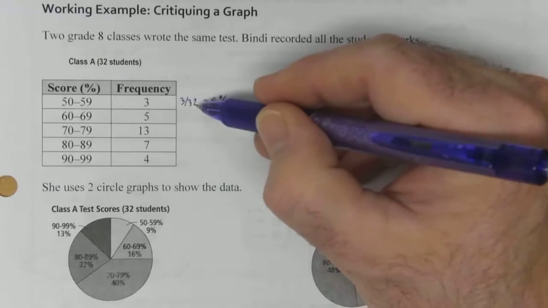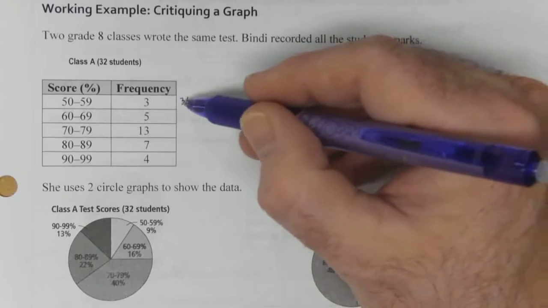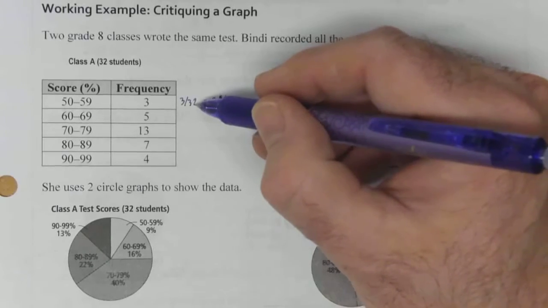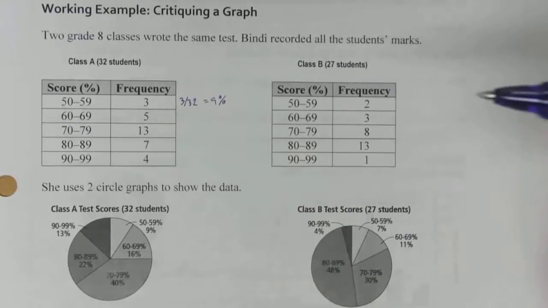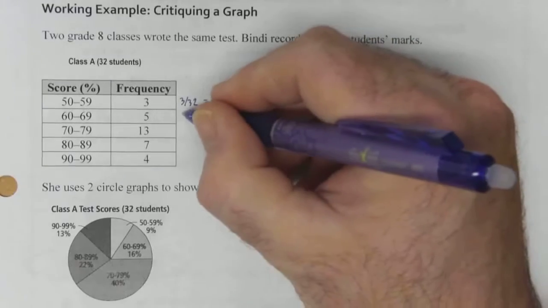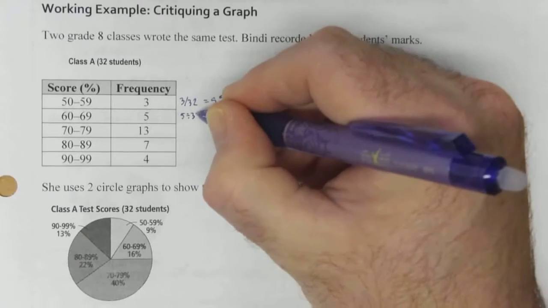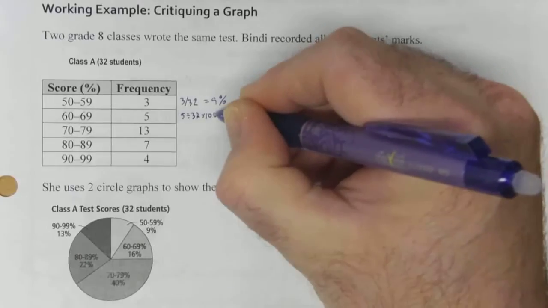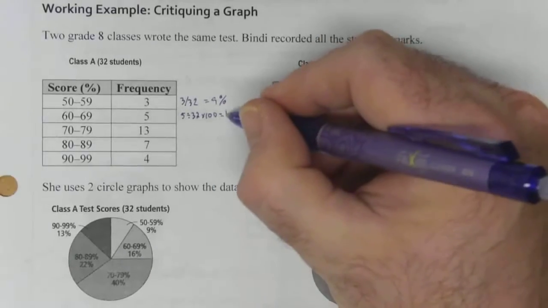So it's like getting 3 out of 32 on a test. That's how you do that. 3 divided by 32, and then you multiply by 100 to get your percentage, just as a reminder. So then 5 divided by 32, and then times 100. And for that, it came up to 16%.